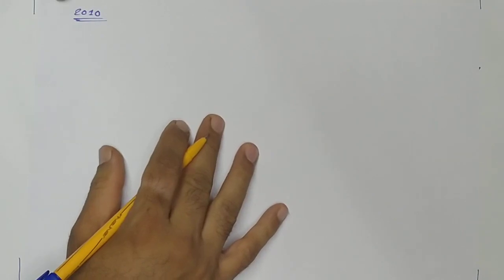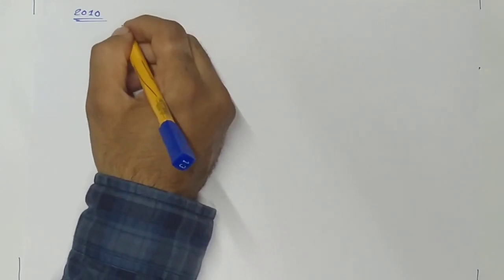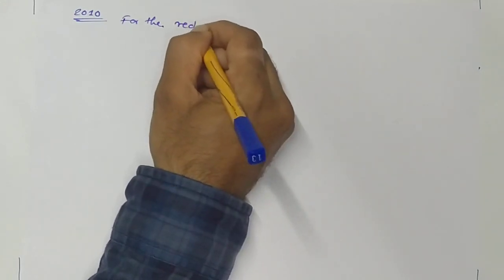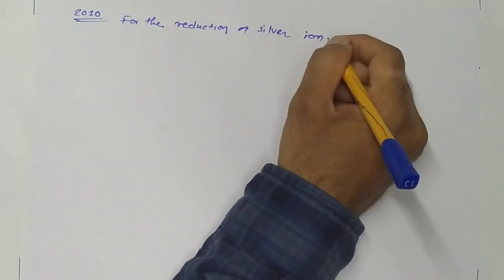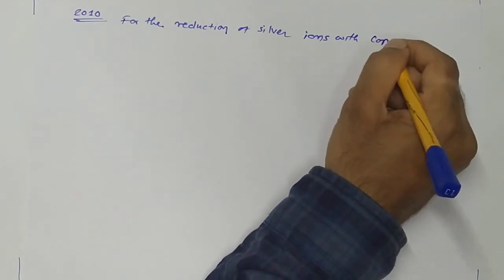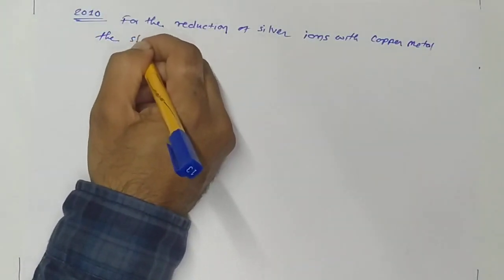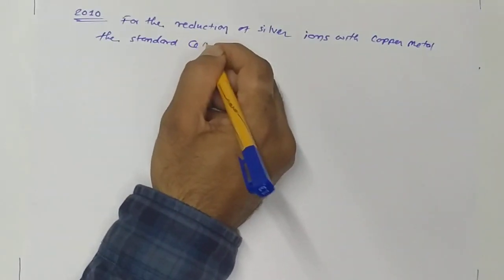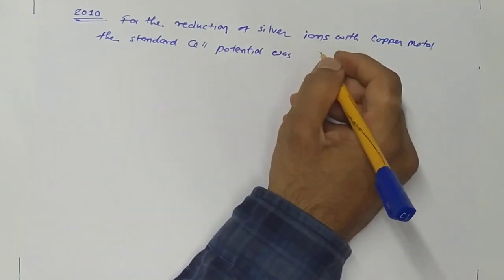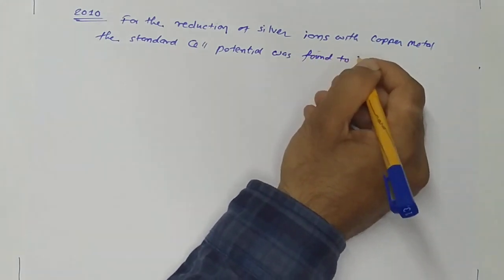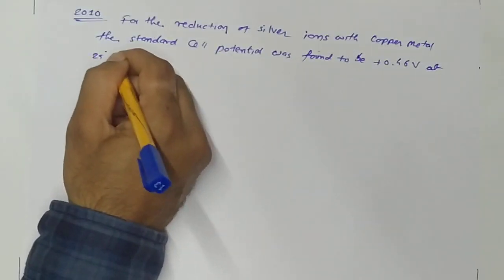For the reduction of silver ions with copper metal, the standard cell potential was found to be plus 0.46 volt at 25 degrees Celsius.